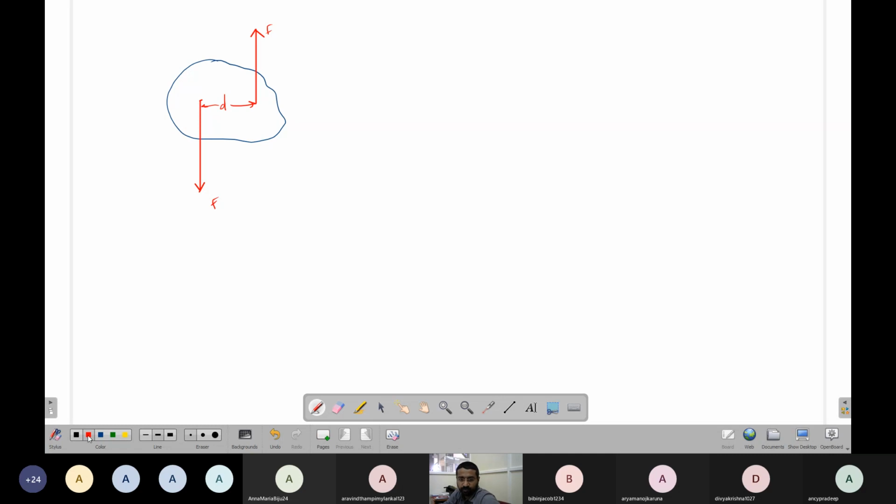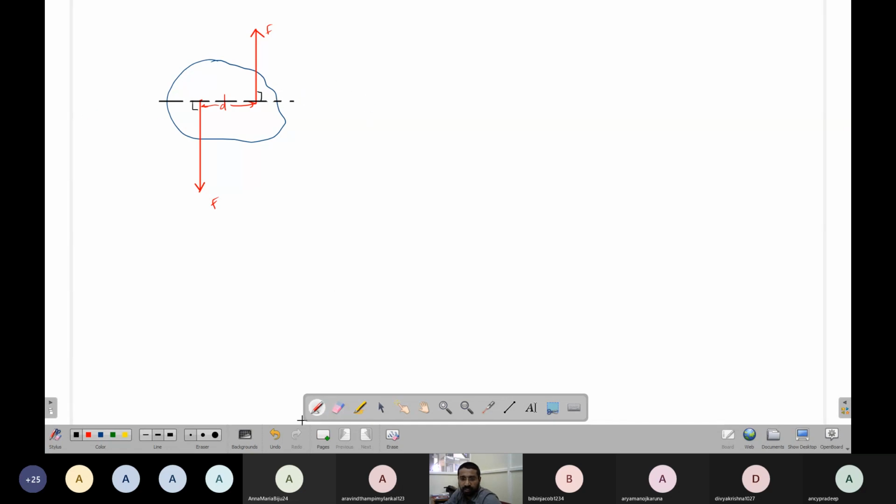Now, if I draw an imaginary line here, this line is basically perpendicular. Now, what is a couple? Can I represent it in some other way? That is my first question. How do I represent this couple in some other way?